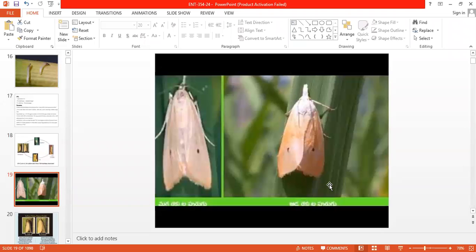So this one is the female adult moth of yellow stem borer, having two black spots on its forewings, and the forewings are bright yellowish brown in color.